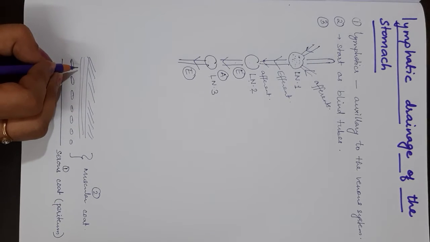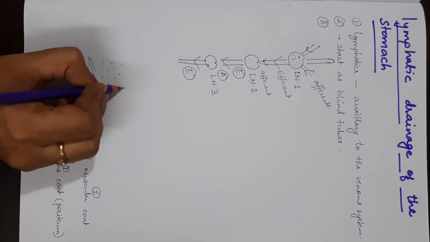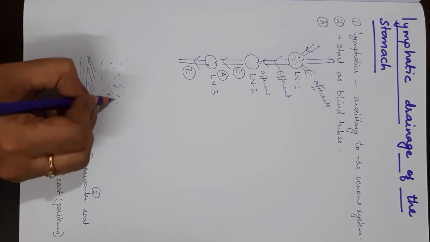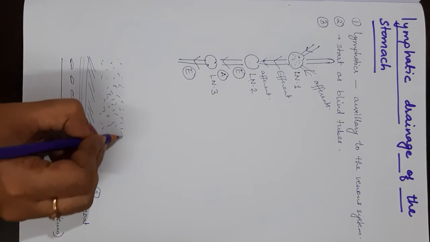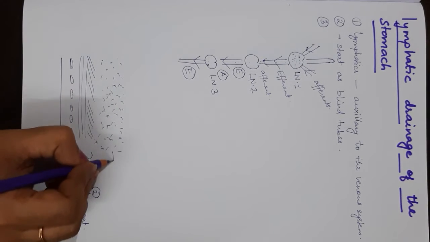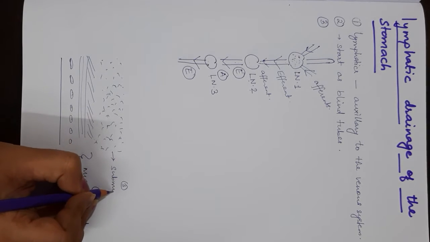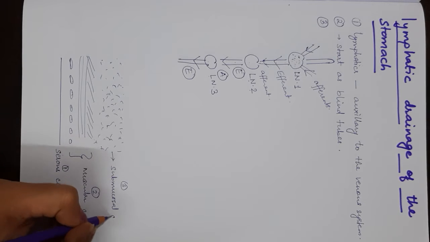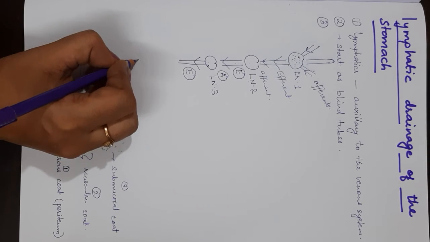Inside the muscular coat there is a submucosal coat where the vessels, nerves and sometimes glands and lymphatics are all present. So this third coat is the submucosal coat. Further inside is the mucous membrane.